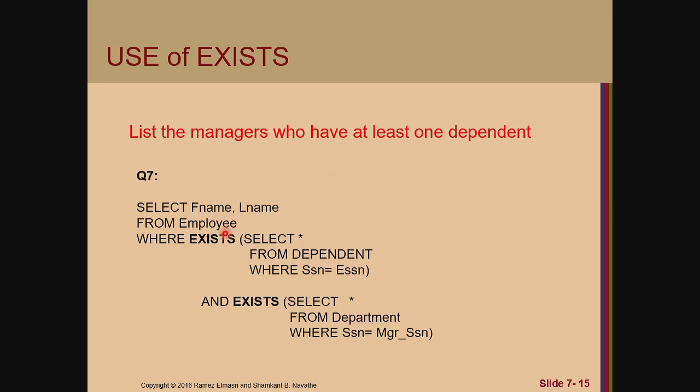So this query will select the employee for each tuple and then use SSN to check the dependent or department, that is, whether this man has any dependent or not.